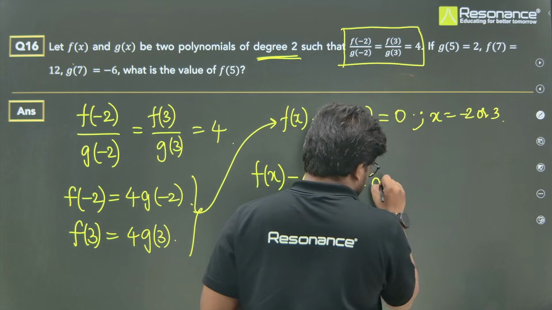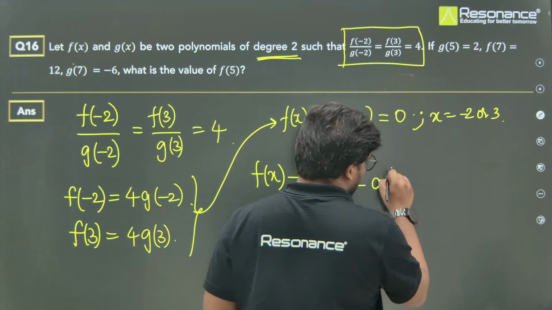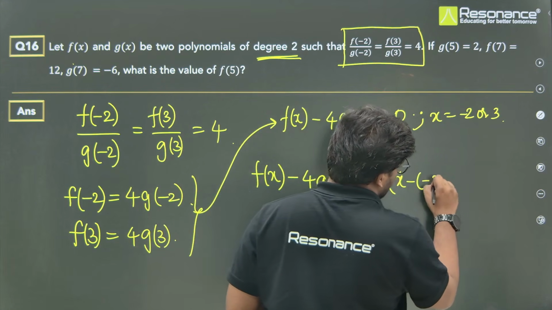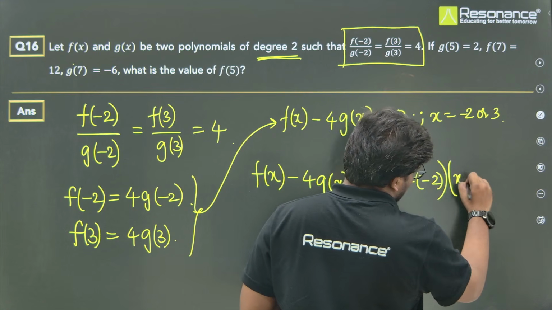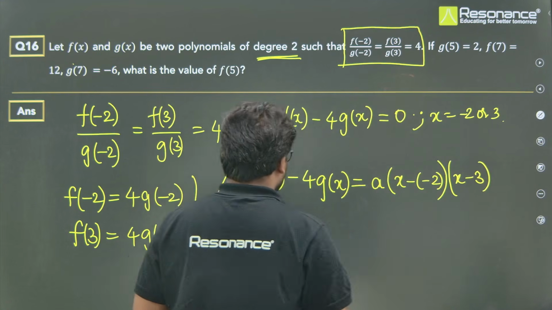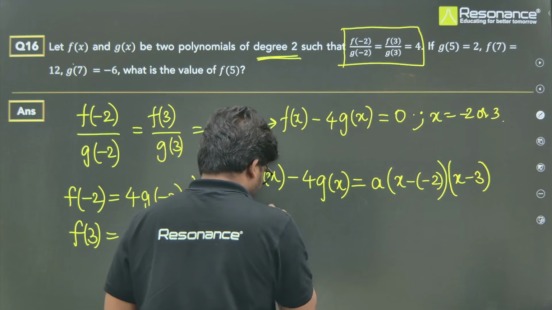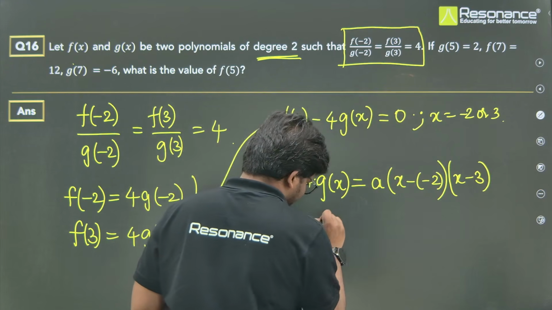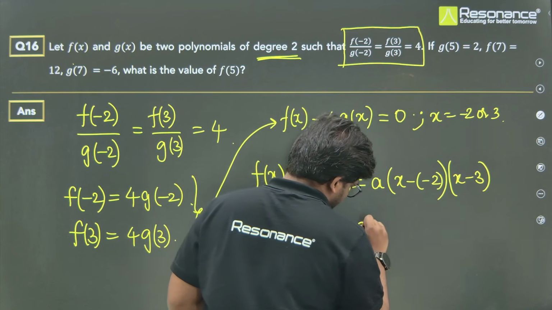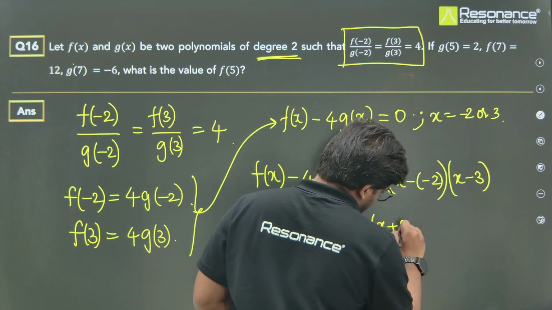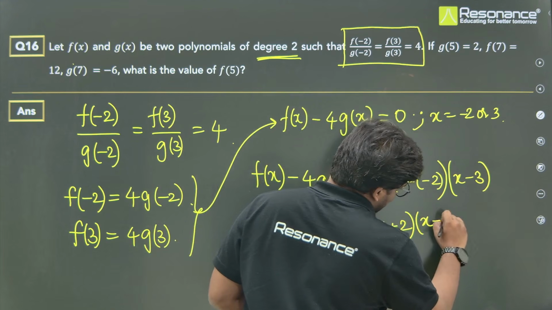equals, let's take the leading coefficient to be a, x minus minus 2, x minus 3. So f of x minus 4g of x is a into x plus 2, x minus 3.